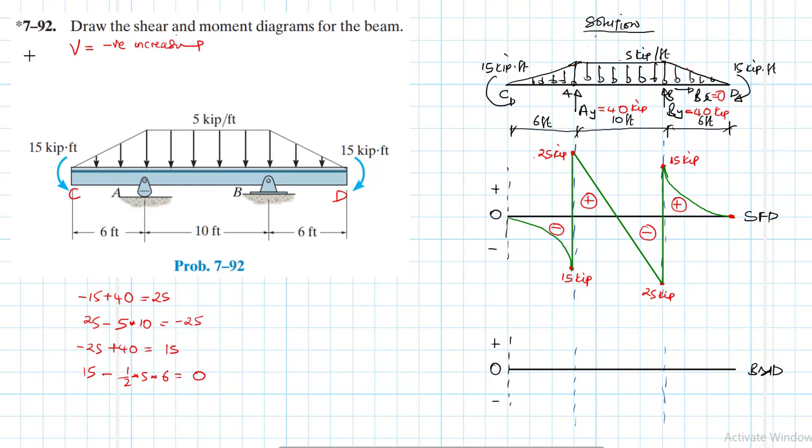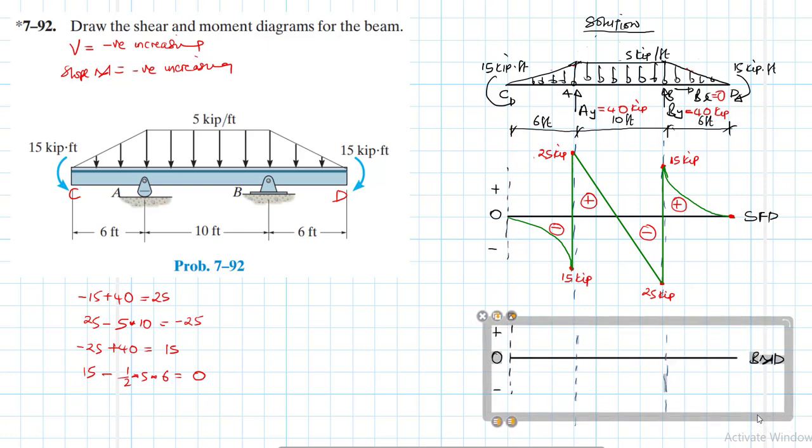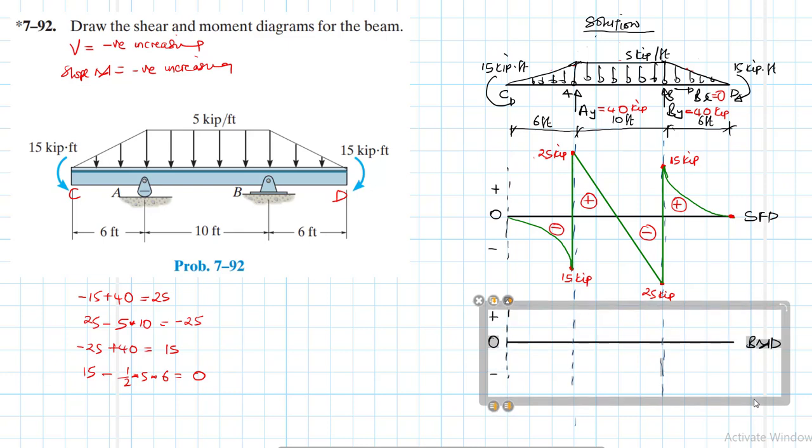All right, and therefore we expect the slope for the moment to be negative and increasing. All right, let's do that. Negative and increasing.